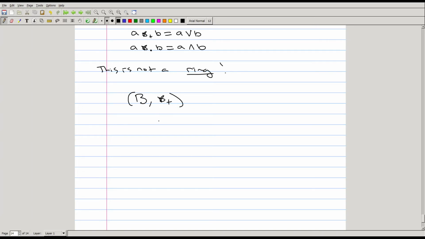So an abelian group means that first we must have associativity, and we know that A or B or C is going to always, for the inputs 0 and 1, give us the same thing as A or B or C. So it is associative here.